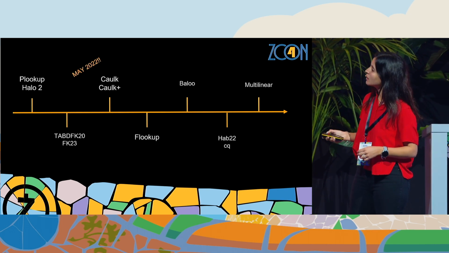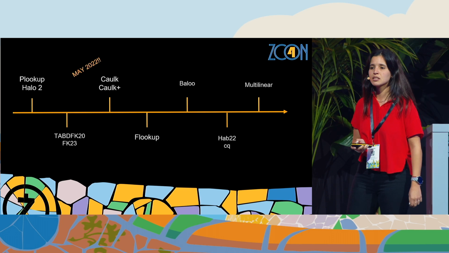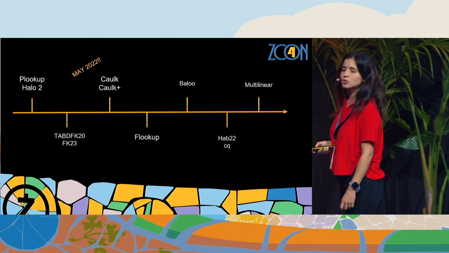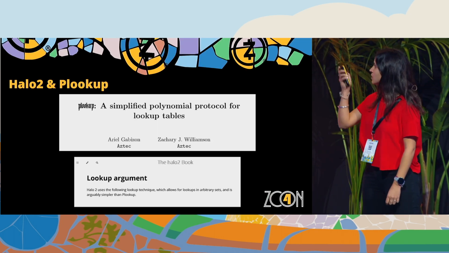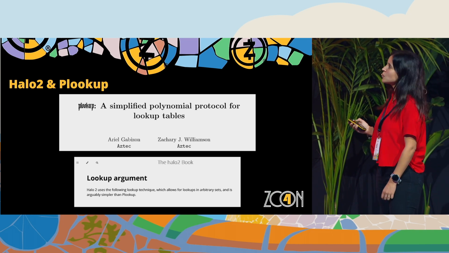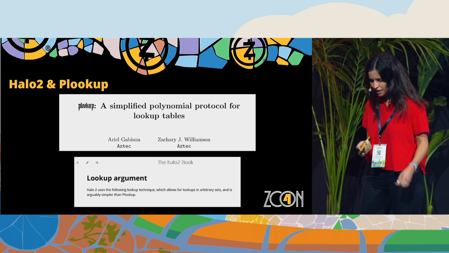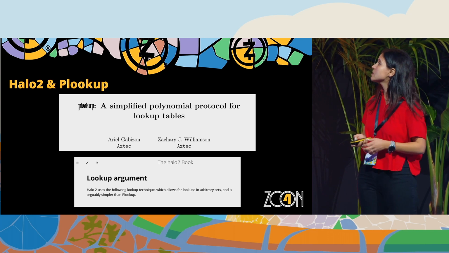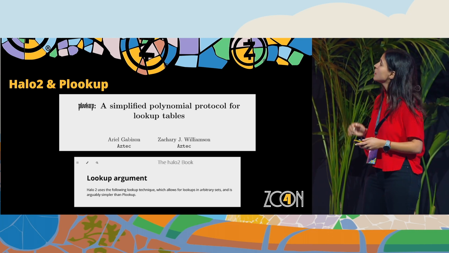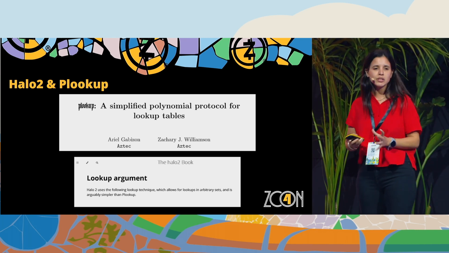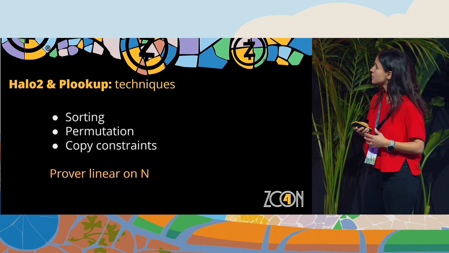And after that, I really want to give credit to this great work by Alin Tomescu and others. So let's see what happens. Plookup and Halo 2 are both schemes for lookup tables that are built mostly for the case of SNARKs.